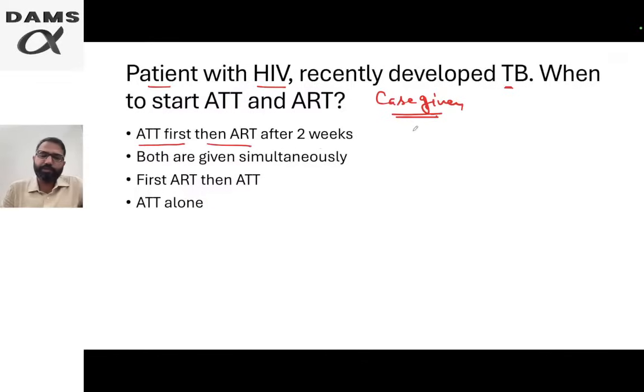As in the previous question I told you, immune reconstitution inflammatory syndrome risk is there, so in 2 weeks you can start the ART. We never use them simultaneously, we never use ART first, or definitely will not give the ATT. So this was the question, this type of case was given.